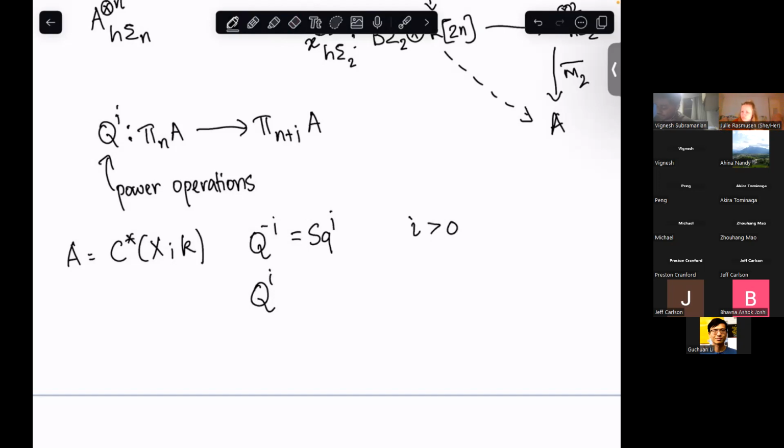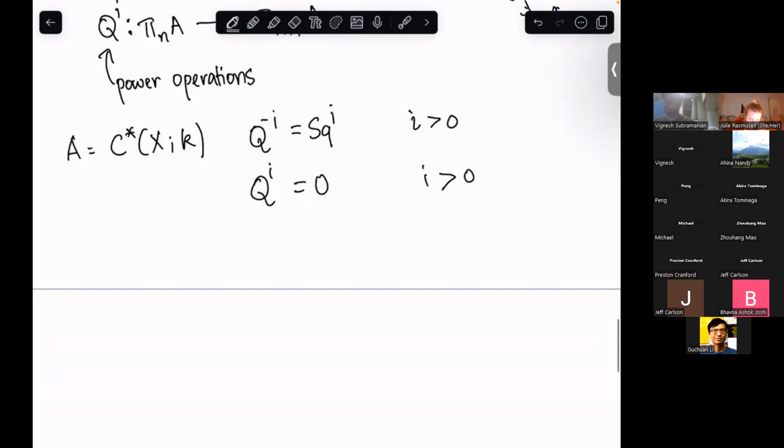And Q^i is equal to 0 for i greater than 0. So this is what you get for spaces. That's why you don't see so-called negative Steenrod operations when you learn about Steenrod operations for the first time. But this also means that the cohomology of spaces is something special.